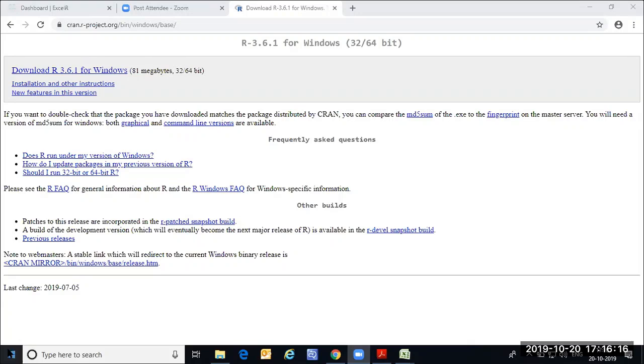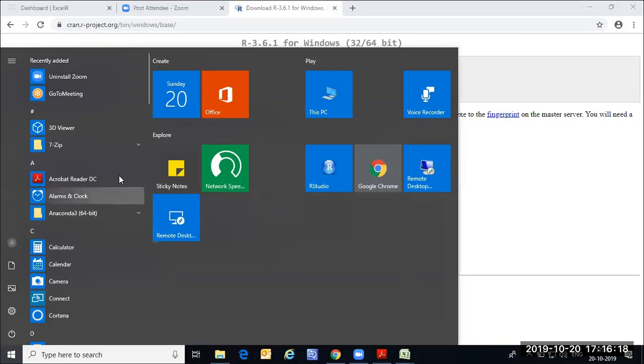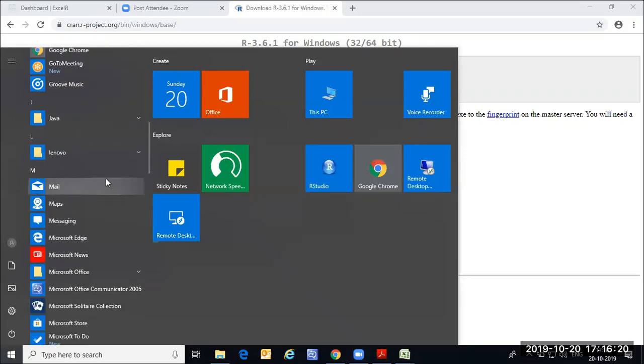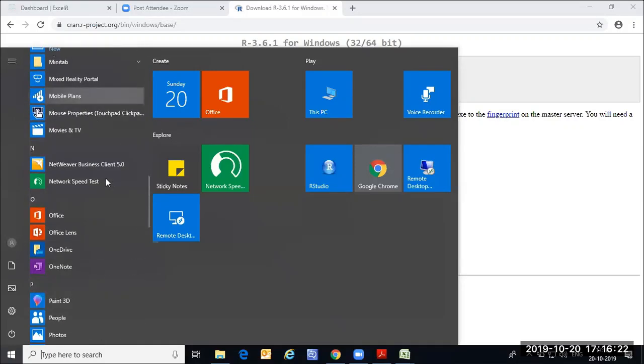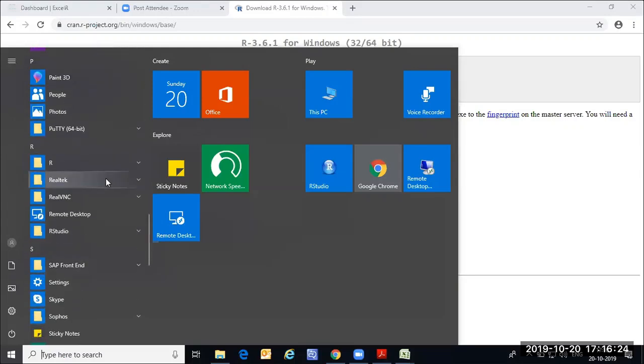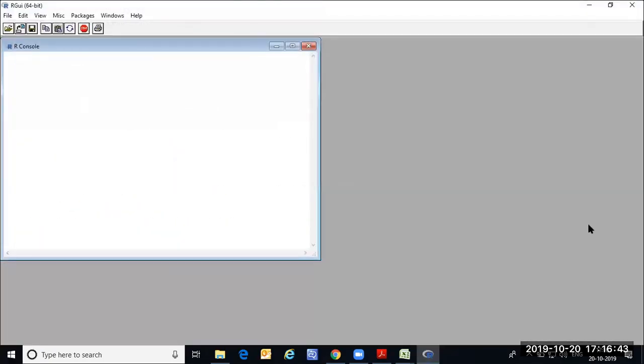The moment you install R, it looks like this. Both 64-bit and 32-bit will be installed by default. Choose the one relevant for your operating system. I hope most of us are on 64-bit, right? So just click on that 64-bit one.